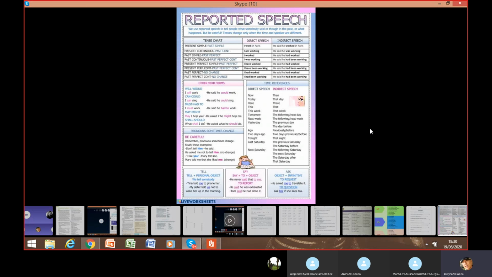It says that the present perfect continuous becomes past perfect continuous. For example, I have been working, present perfect continuous becomes, he said that he had been working, past perfect continuous. If the person uses past perfect in the direct speech, then you have to continue with the past perfect because there is nothing behind past perfect.